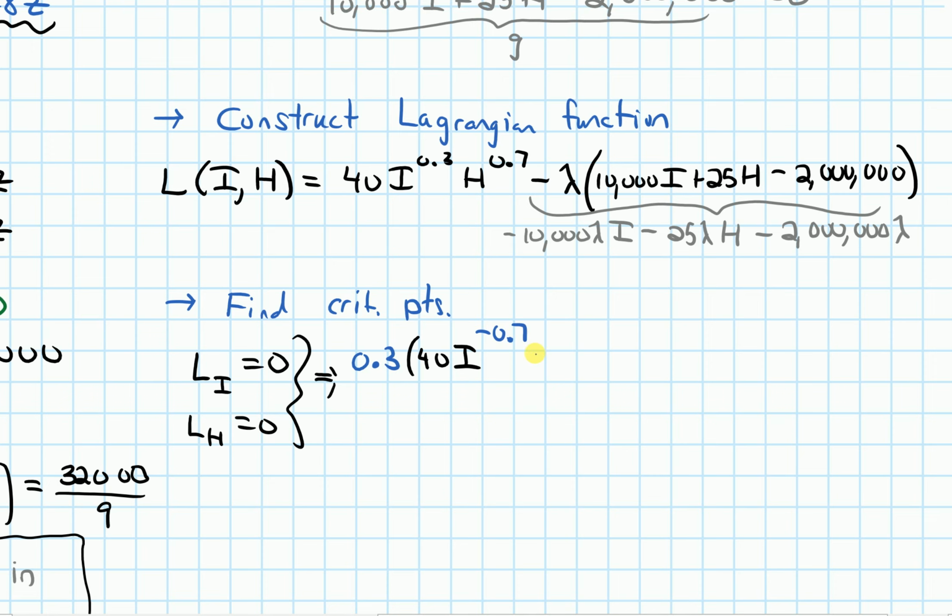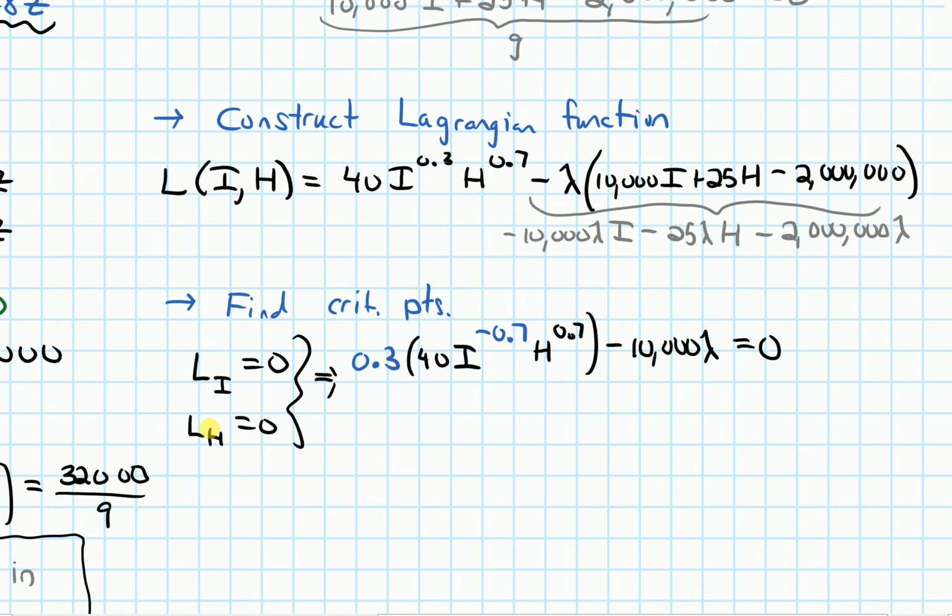The h part stays there, h to the 0.7, because h gets treated as a constant when we're doing the partial derivative with respect to the variable I. For the next term, minus 10,000 lambda I, that partial is minus 10,000 lambda, and the remaining terms don't have I in them, so their partials are 0. This is going to be equal to 0.